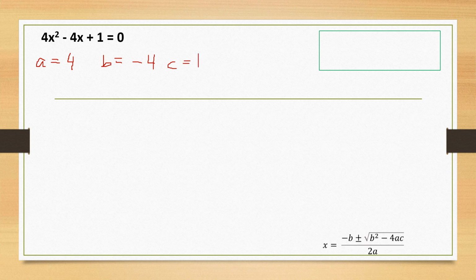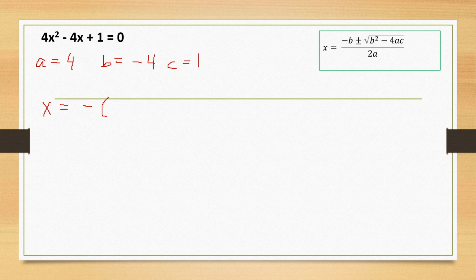Next step is we substitute the values of a, b, and c in the quadratic formula, negative b plus minus square root of b squared minus 4ac all over 2a. So we have x is equal to negative the value of b, which is negative 4, plus minus the square root of b squared.